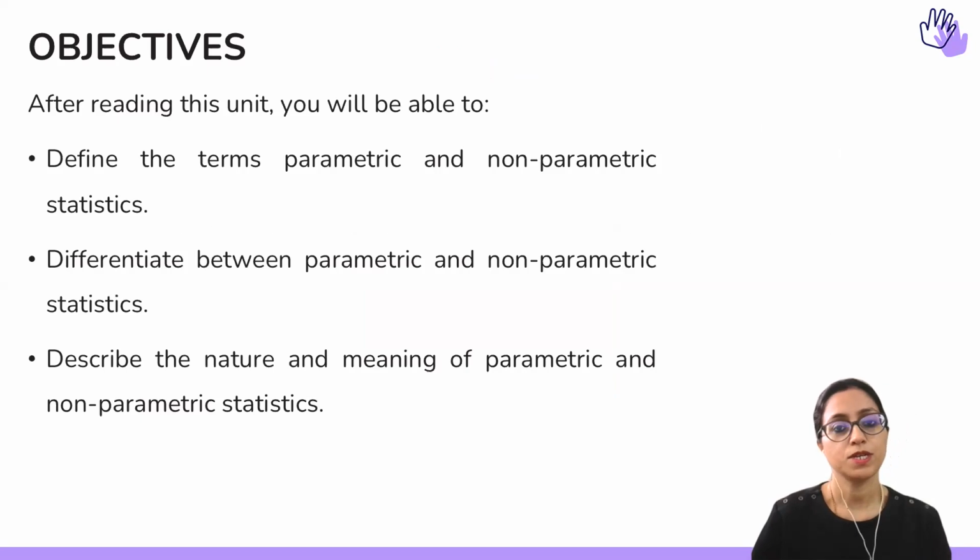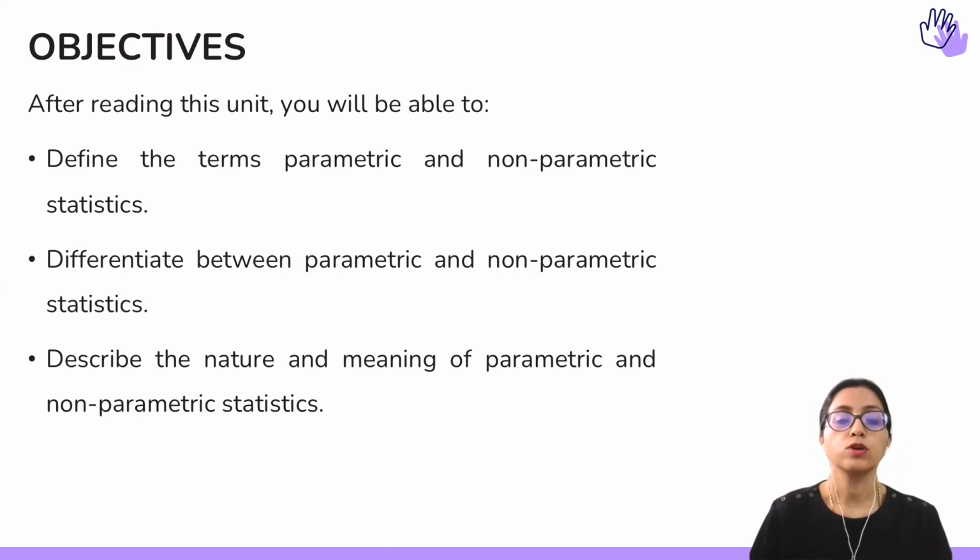So the objectives of this unit are that after reading this unit, first of all, you will be able to define what parametric statistics and non-parametric statistics are. Then we'll also study the basic differences between the two, where parametric statistics is used, where non-parametric statistics is used, where each is suitable, and so on.